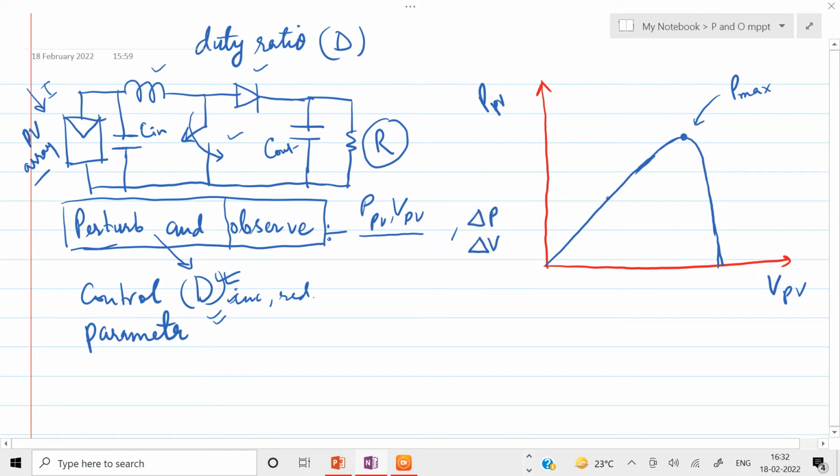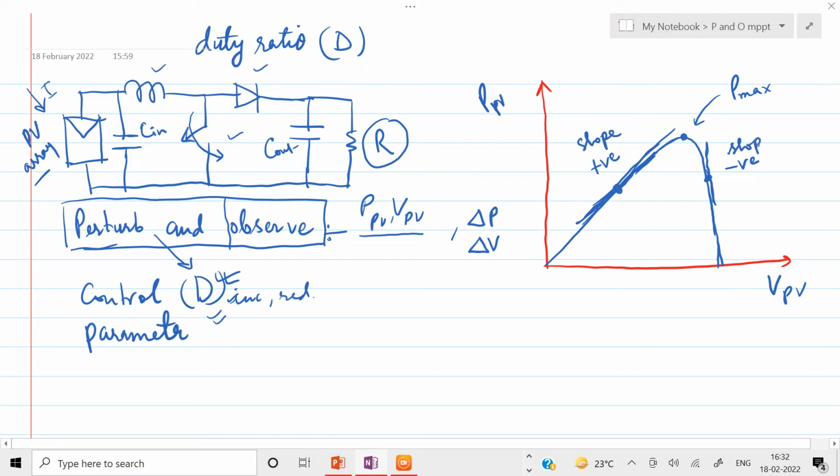You see here that if I draw a tangent, the slope of this tangent would be positive, and if I draw a tangent here, the slope would be negative.